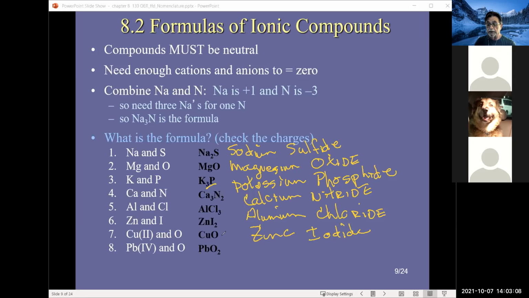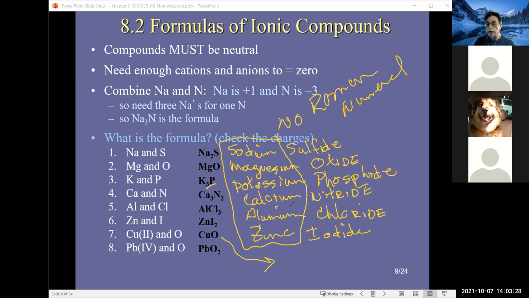And then we got to be careful naming here, because notice all the metals that we have used up here are all part of the sweet 16 metals. Therefore, no Roman numerals. That's why you don't see sodium Roman numeral 1 sulfide, magnesium Roman numeral 2 oxide.